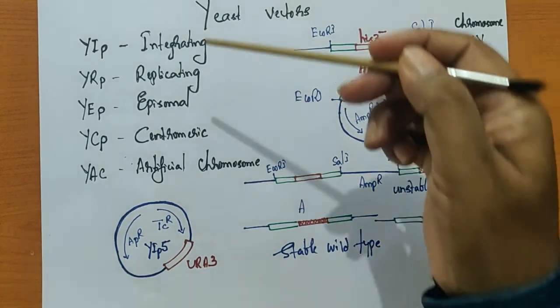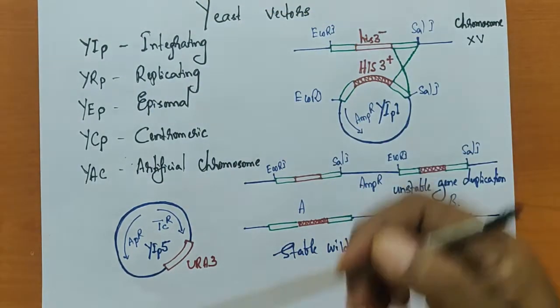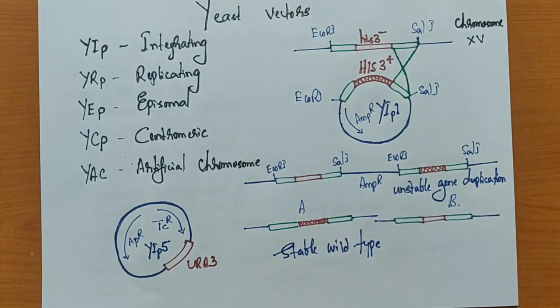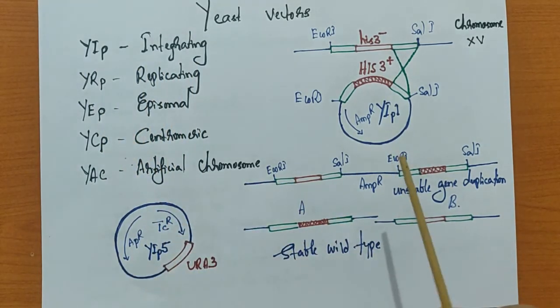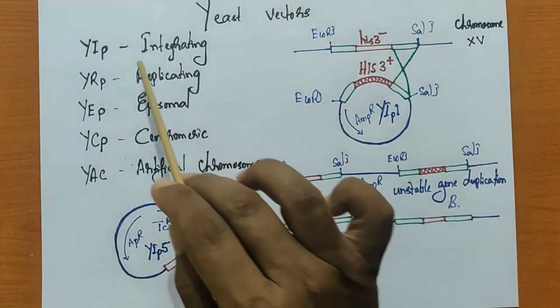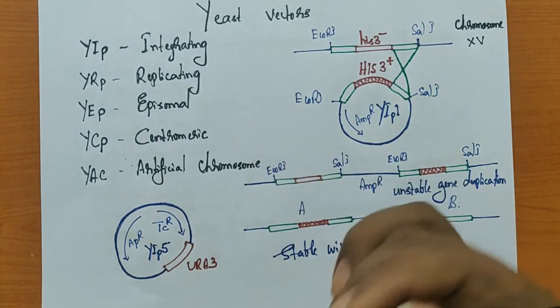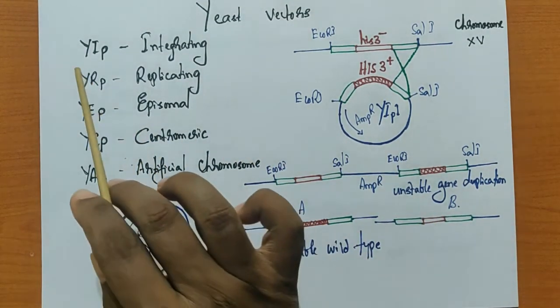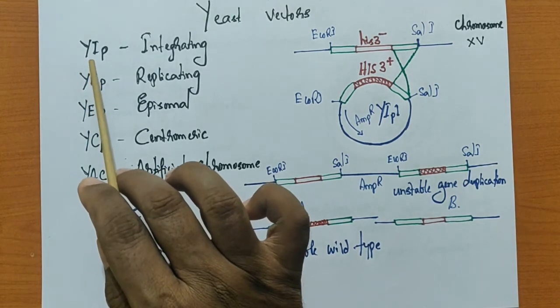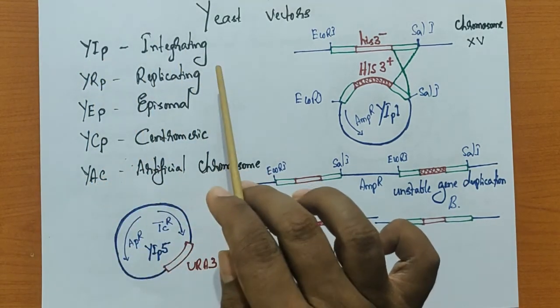So now here, we are going through many types of vector. One is the integrating vector, which we call YIP. This has got both plasmid DNA as well as yeast DNA. As a result, we write yeast integrating plasmid vector.